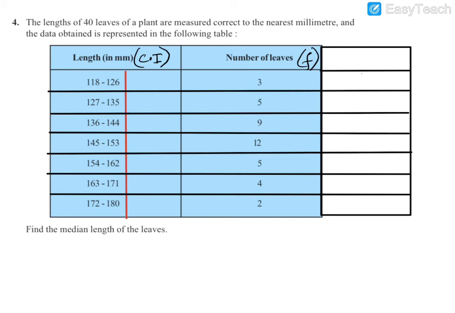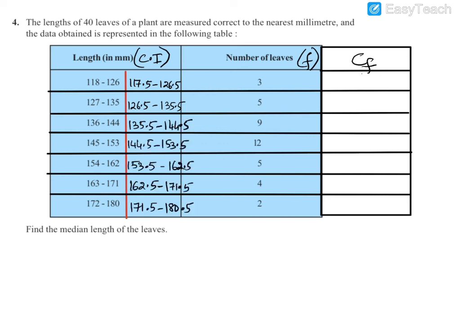This column is for cumulative frequencies. So the continuous class intervals will be 117.5 to 126.5, 126.5 to 135.5, and so on.